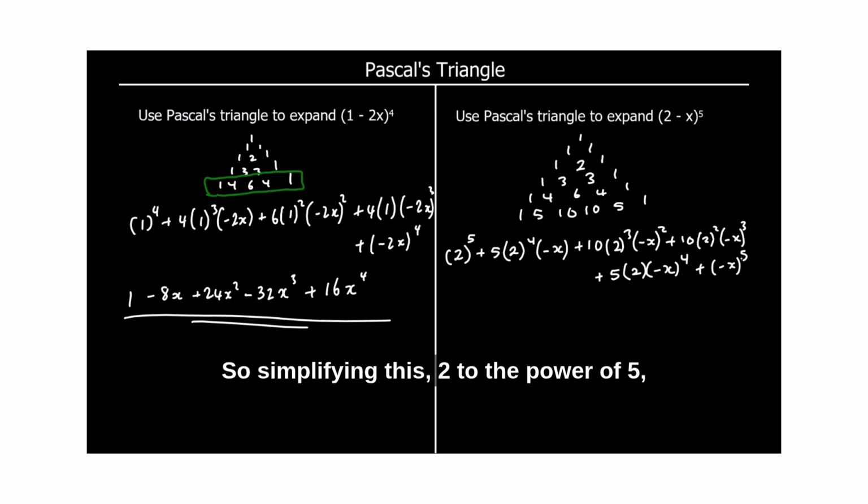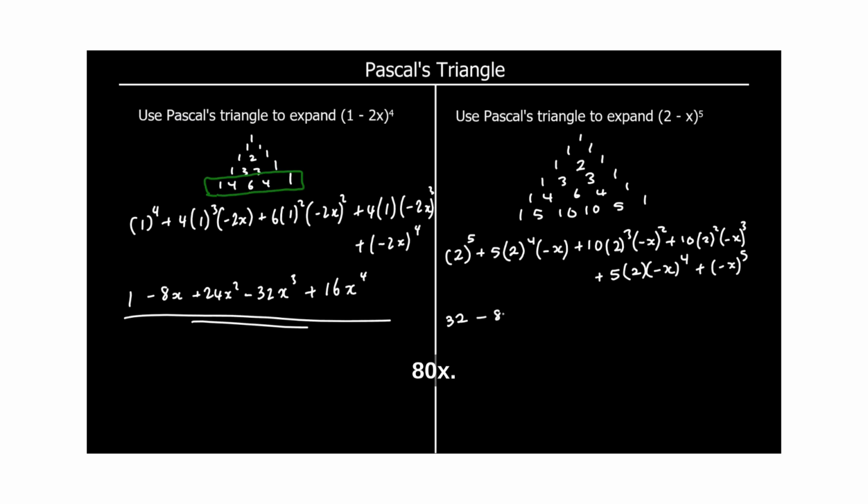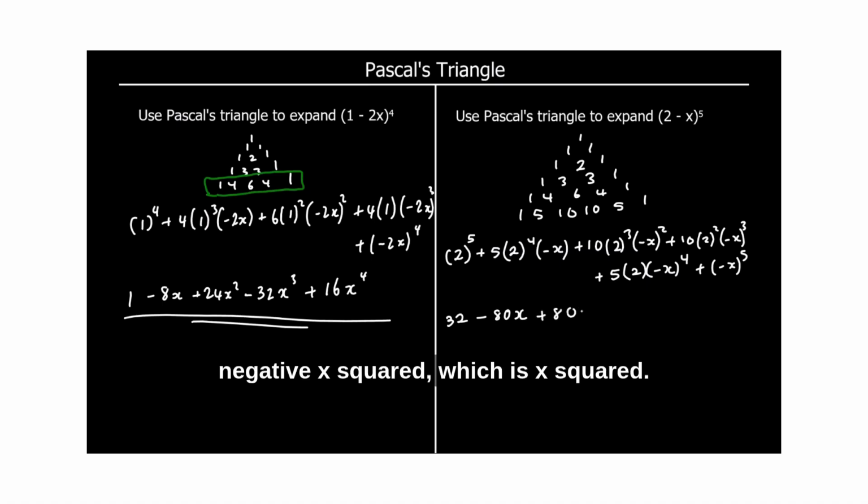So simplifying this, 2 to the power of 5 is 32. 5 times 2 to the power of 4: 5 times 16 is 80, times negative x is negative 80x. 2 cubed is 8, times 10 is 80, times negative x squared, which is x squared.